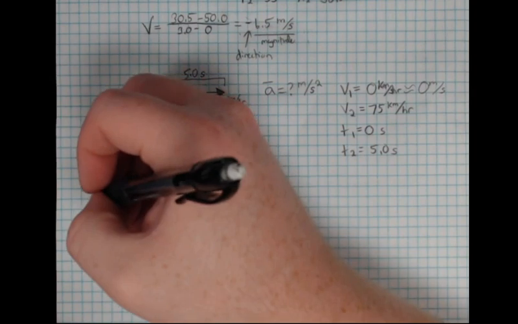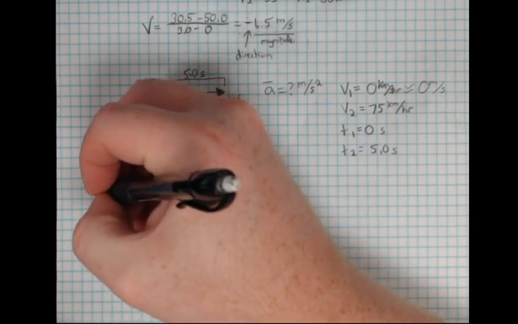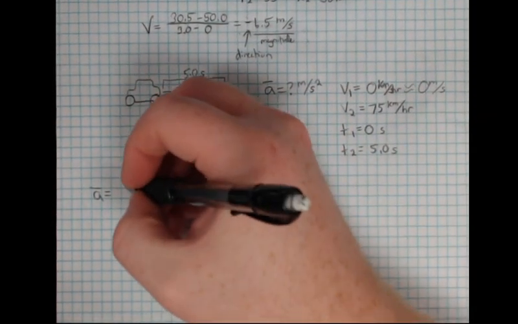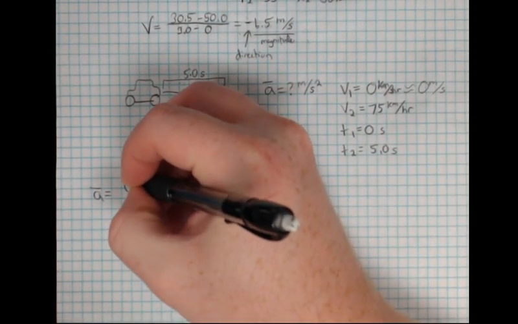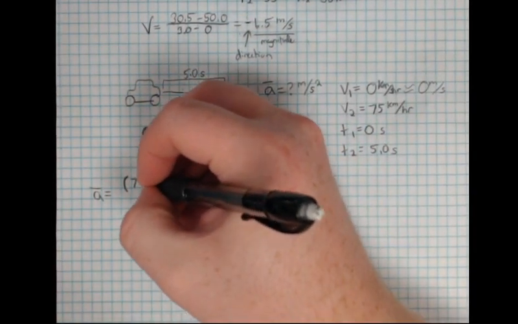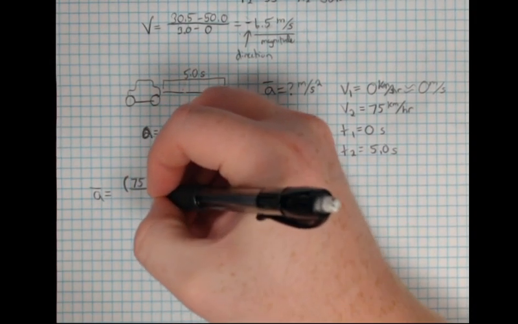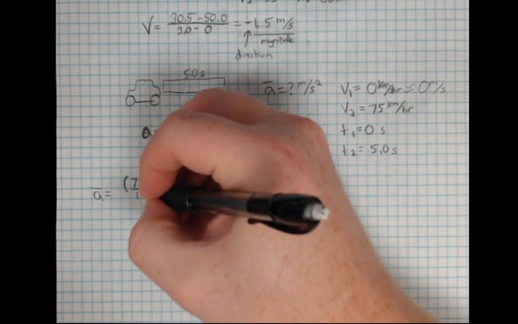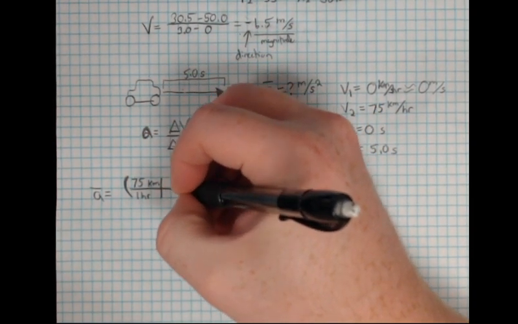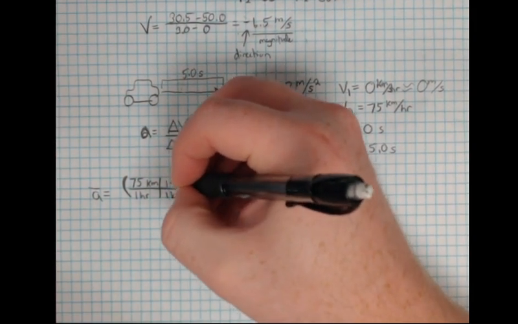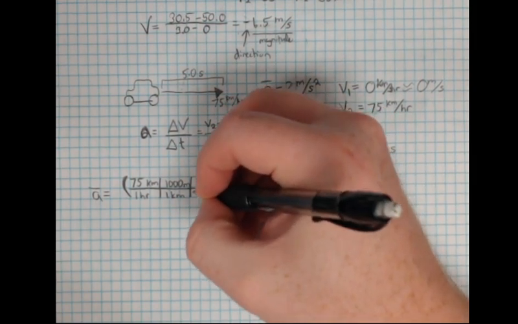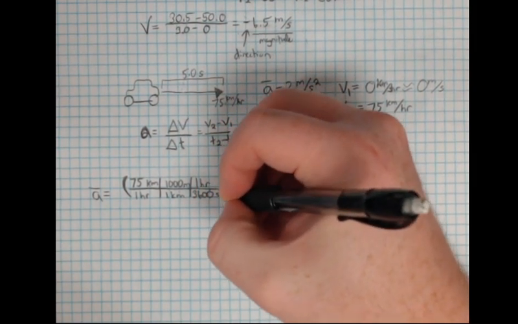So what I'm going to do is acceleration equals, I'm going to put in parentheses, because in physics, with how many calculations we do, we like to try to do this all in one go. I'm going to do 75 kilometers, 1 hour, one kilometer is 1,000 meters, 1 hour is 3,600 seconds.